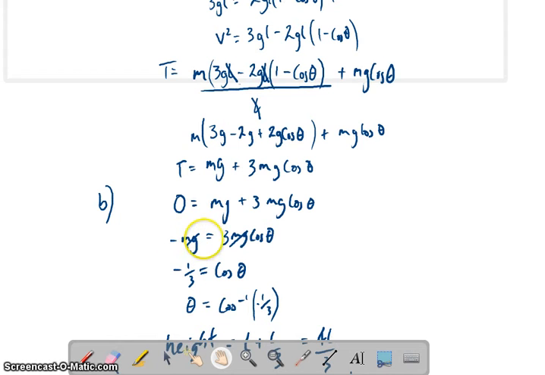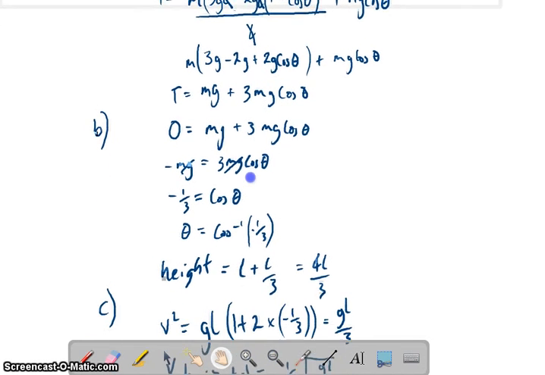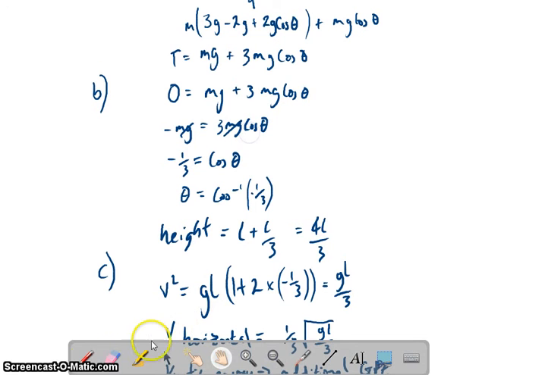That's very easy. We simply move this mg to the other side of the equation, and then we can cancel some things very easily. If we cancel the common mg, we're just left with the 1 here. We divide through by 3, we get minus a third. It's equal to cos theta, so theta is cos to the minus 1 of minus a third.